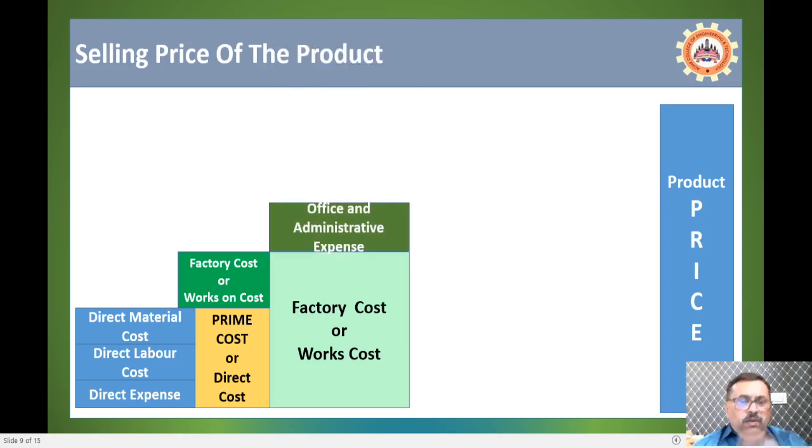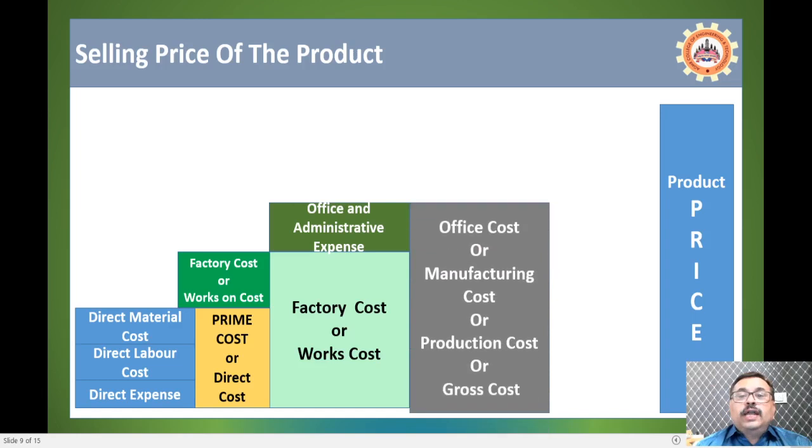If you add the office and the administrative expenses to the factory cost, it is called the office cost or manufacturing cost or the production cost or the gross cost of a product.